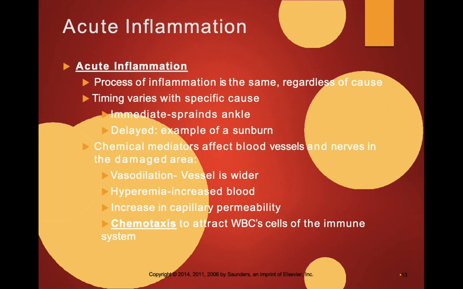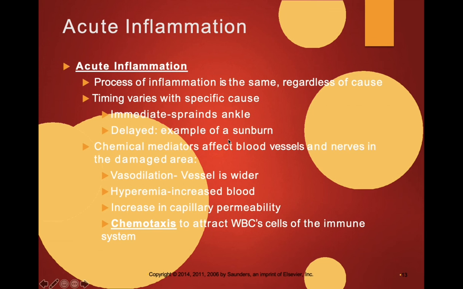And then there's going to be the increased capillary permeability as a result of the bradykinin and the histamine. When we need white blood cells to be drawn to the area and to walk along the walls of the damaged area, we call it chemotaxis. It's the ability to attract white blood cells, which are part of the immune system, to the damaged area.